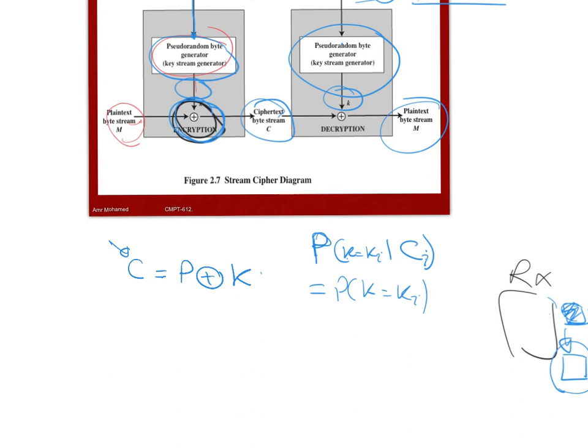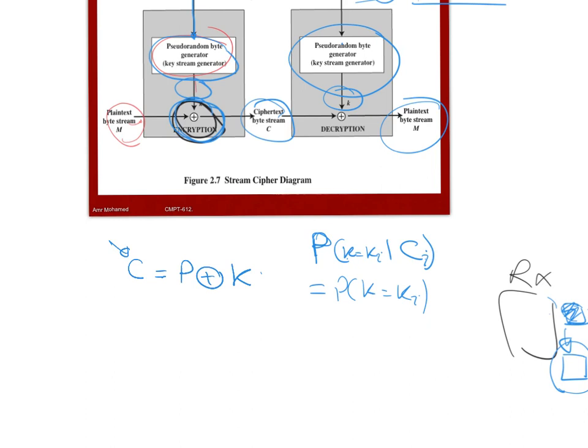Which means that knowing C_i does not change anything. Does not change the equation at all. So if you know only the ciphertext, in fact, you didn't know anything.